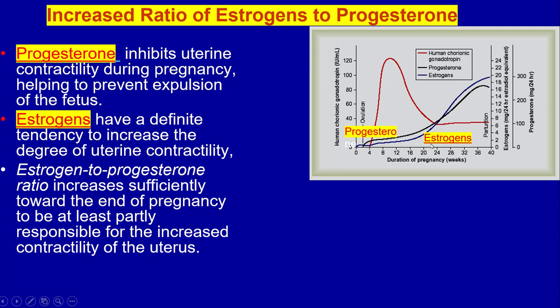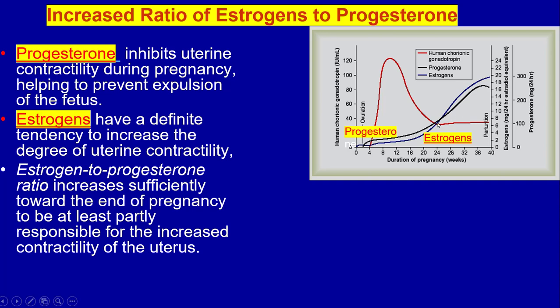contractility of the uterus. Here in this graph, up to the 24th week of pregnancy, the secretion of progesterone is overwhelming compared to the estrogen, and after 24 weeks of pregnancy, the estrogen secretion increases, the ratio changes, and near term the ratio becomes quite high, which can cause contraction or excitability of the uterine muscles.